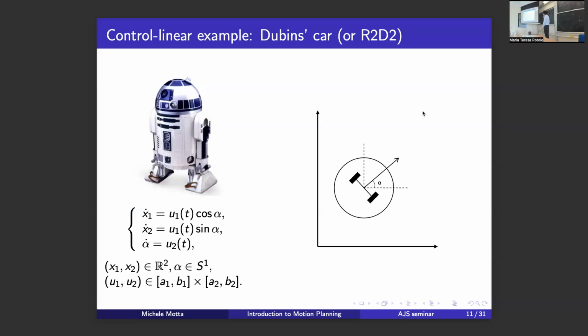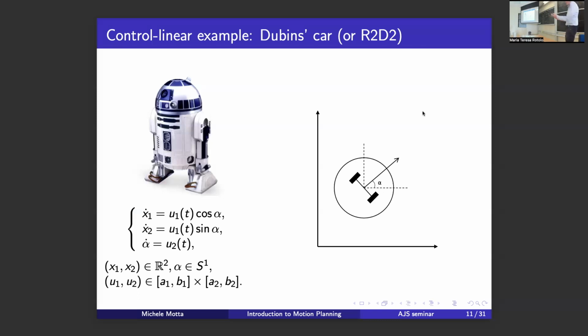You see that if you want to go from any position on the plane with a certain orientation to another, you can of course do this. For instance, if you are pointing in this direction and you want to go here in that direction, you just have to rotate to reach this direction, you move like this, and then you rotate again to your favorite direction.